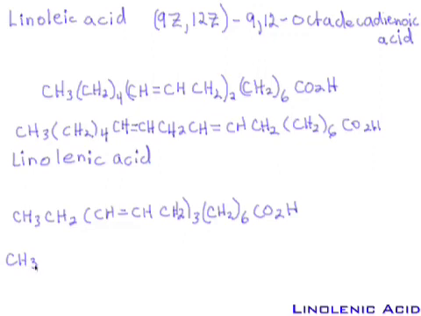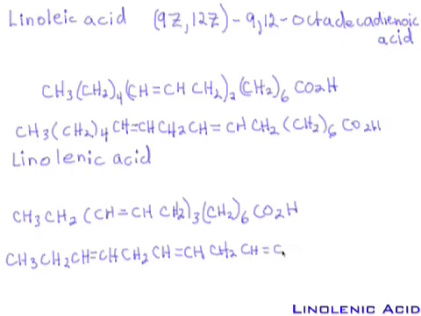To make it easier to count, let's draw this out completely. We have CH3, CH2, then we have a CH, double bond CH, CH2, another one CH, double bond CH, CH2, and one more CH, double bond, CH, CH2, and then 6 CH2s, and a CO2H.